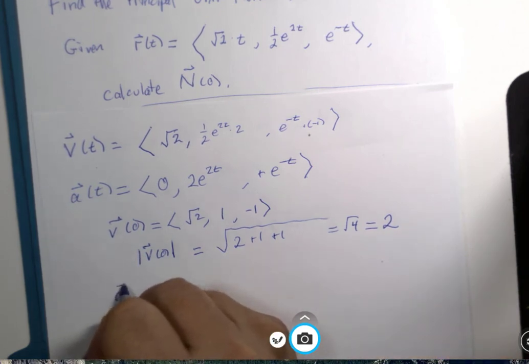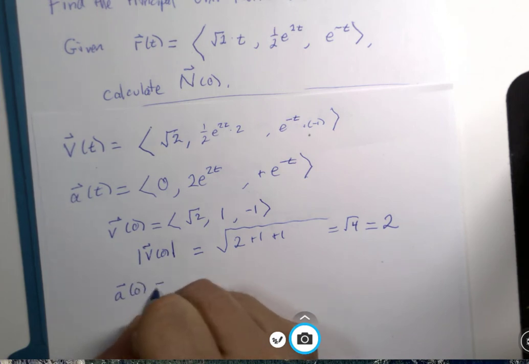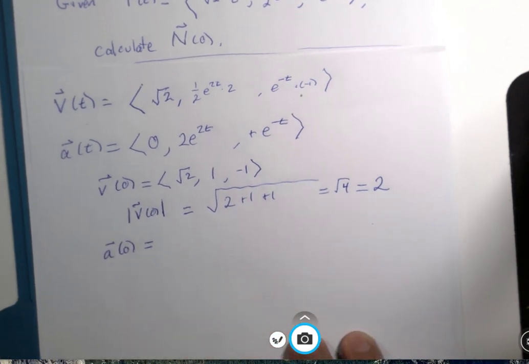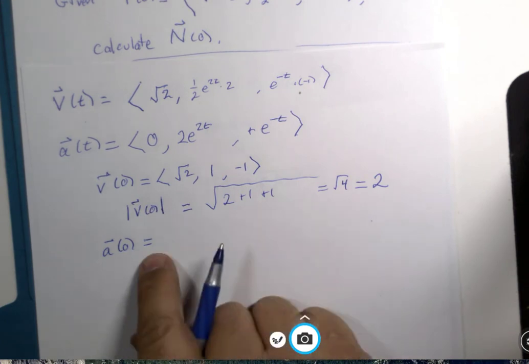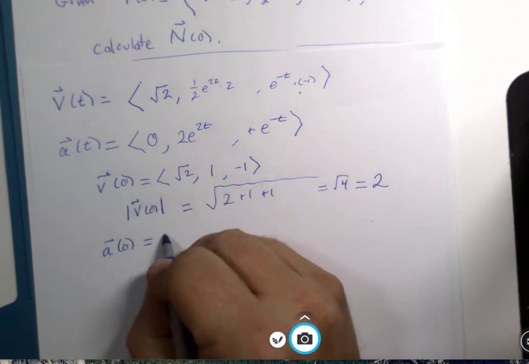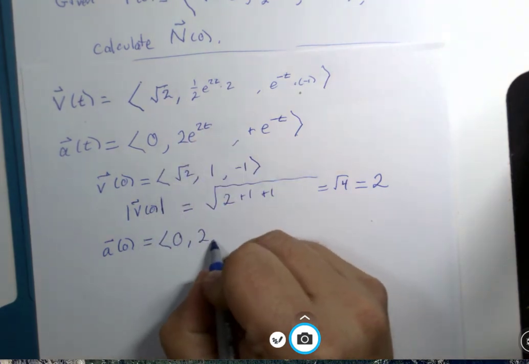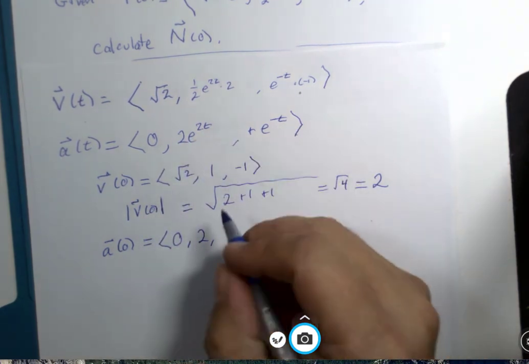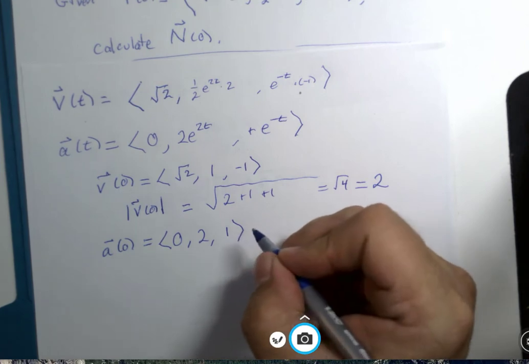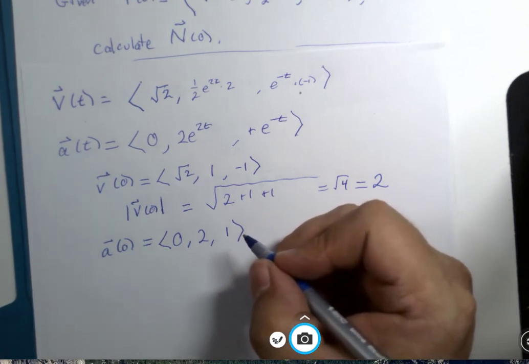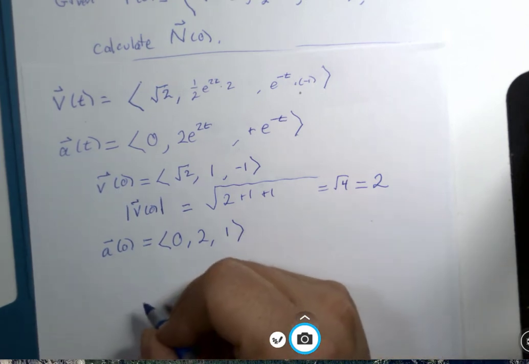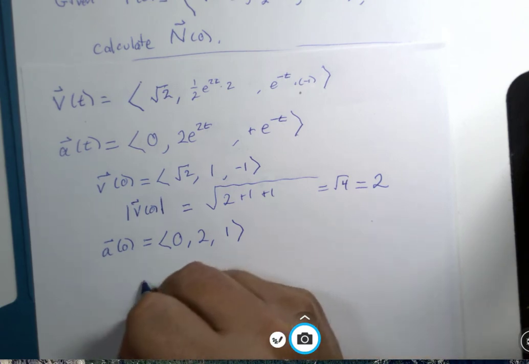What's the acceleration vector when time is 0? Let's see here. Well, the first is 0. That's going to be 2, and that's going to be 1. And I think you will find that we also need the magnitude of acceleration in one of these little problems.